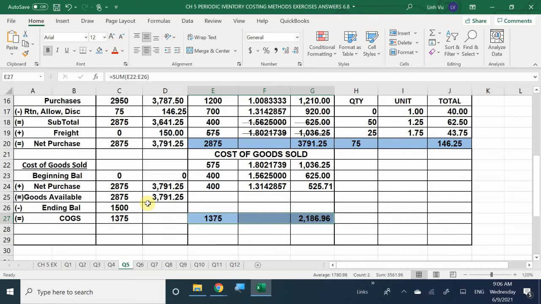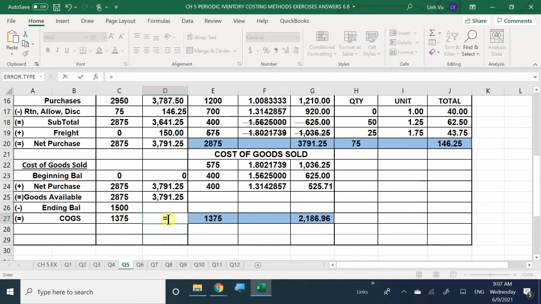And then with that, I also pull the formula over so every time I add a number in here, it also automatically calculates my grand total. So here in grand total of selling 1375 items, it cost me a total of $21.8696. All right. So therefore, what should be my ending balance? What should be the total cost of my ending balance?